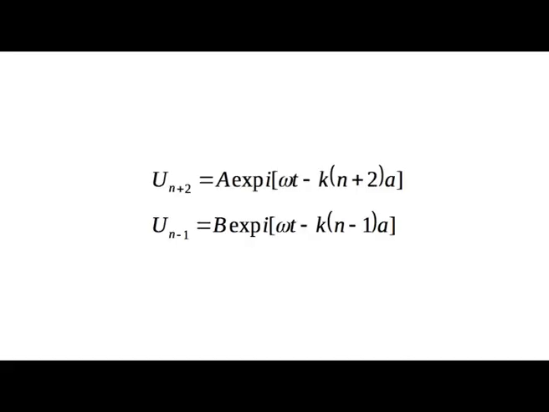And similarly, you can always assume the other displacements also. UN plus 2 equal to A exponential i omega t minus k n plus 2 a, UN minus 1 equal to B exponential i omega t minus k n minus 1 a, and so on and so forth.